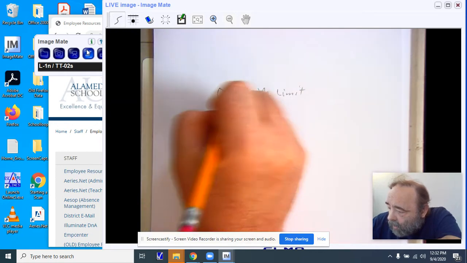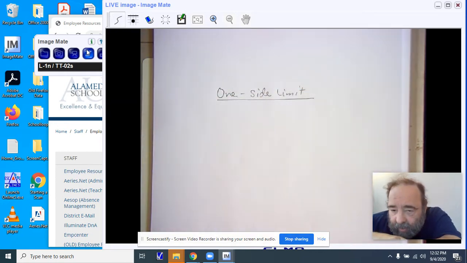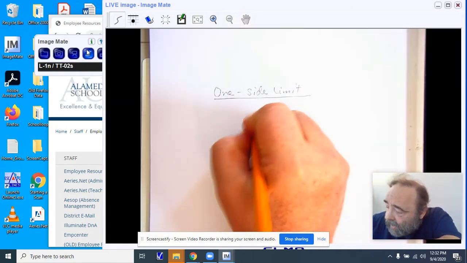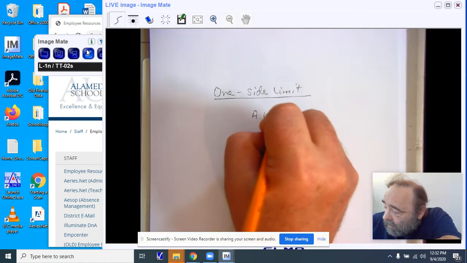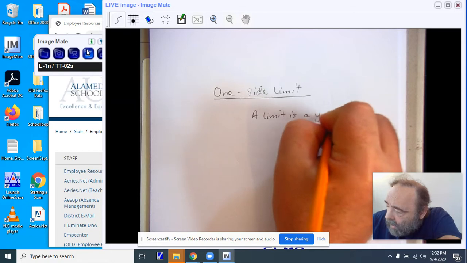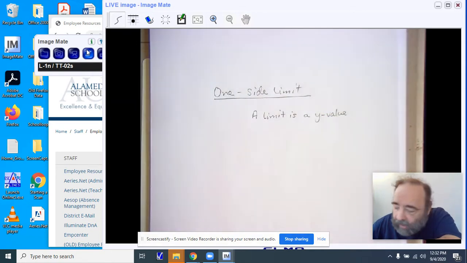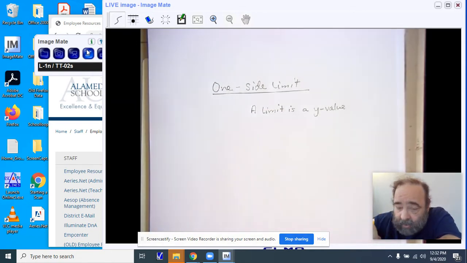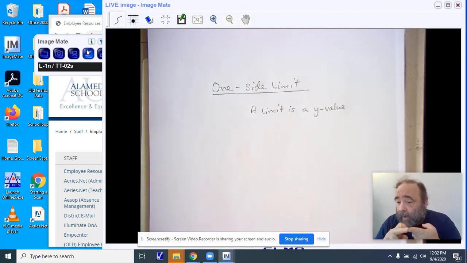Now, when we're talking about one-sided limits, we can approach from either the left or the right. It is important to remember that a limit is a y value. Let's just write that down. A limit is a y value. Now, when we're dealing with finding limits, what you want to do is recognize that we can do it algebraically, graphically, or numerically.